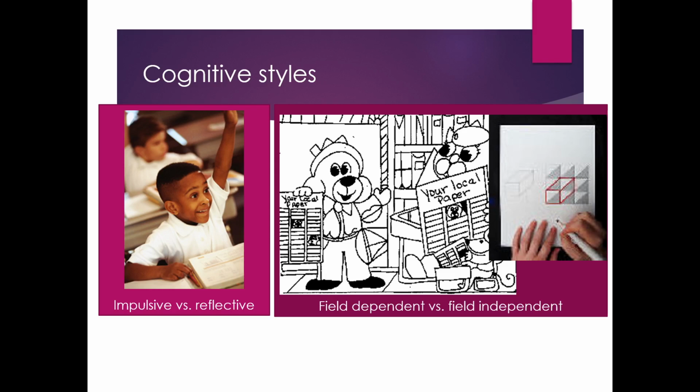And it's a really good illustration that research has suggested that with these really complex kinds of geometric forms, males tend to be better at finding the elements than females are. In that kind of circumstance, where it's these geometric, kind of ambiguous shapes mixed in and you're supposed to find them, on average, males are more field independent and females are more field dependent in that kind of testing.